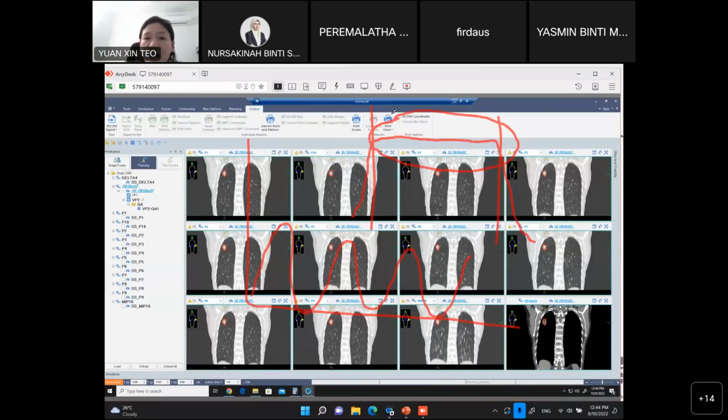So it means we actually want the patient to breathe in until these boxes. For example, we actually set this target, but she can only breathe in at this level.